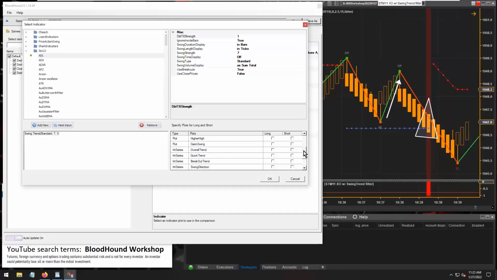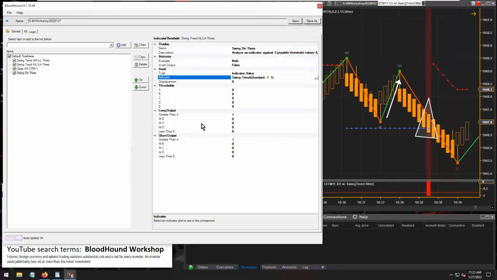We want the swing direction. There we go. Let's select that. And for that swing direction, this time we're going to have to reverse the short output.